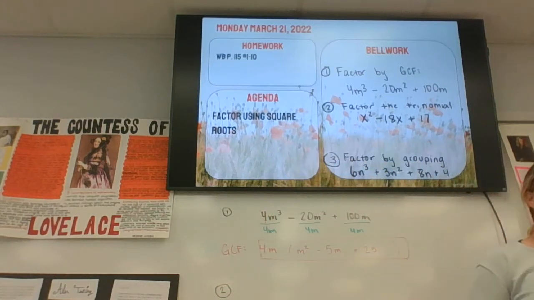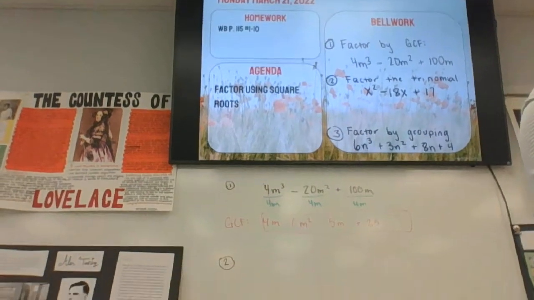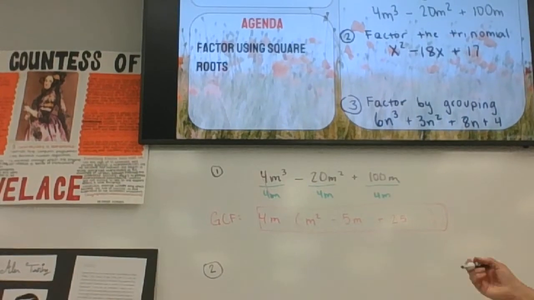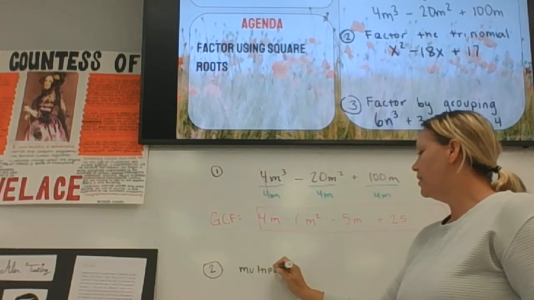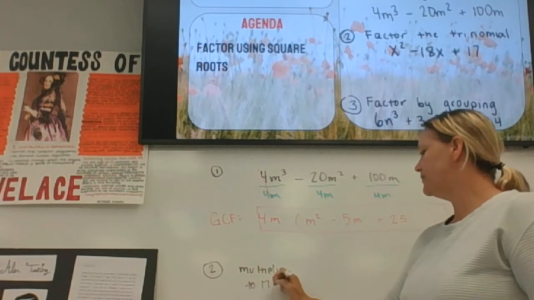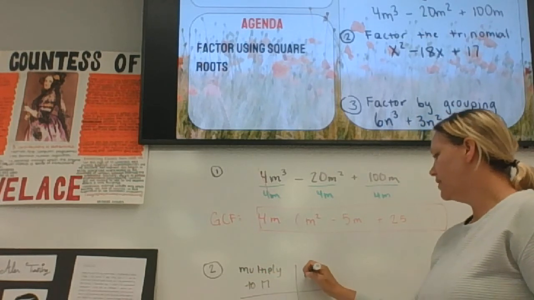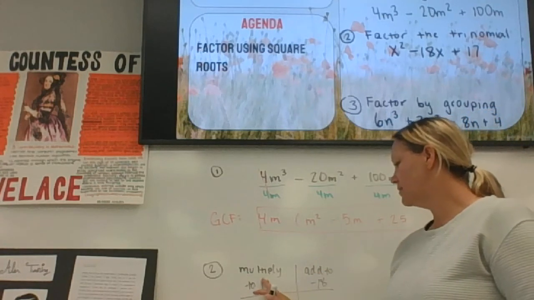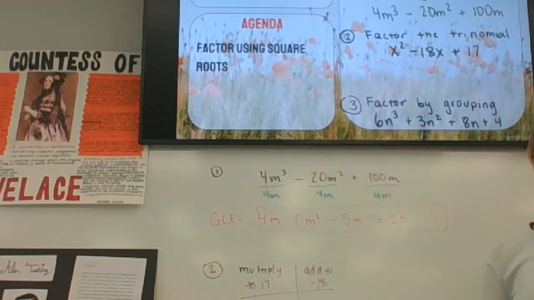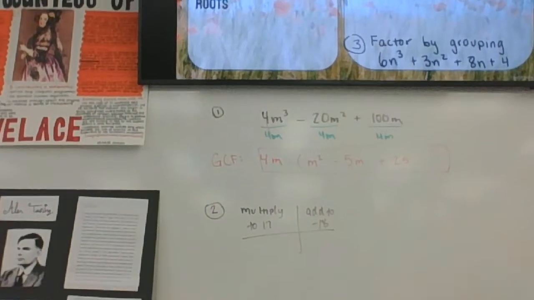Alright, number 2 doesn't have a greatest common factor. It says factor the trinomial. So that's when we kind of do our riddle. We need to find numbers that multiply to 17 and add to negative 18. Oh, yes. 17 and 1. Yes, 17 is prime.